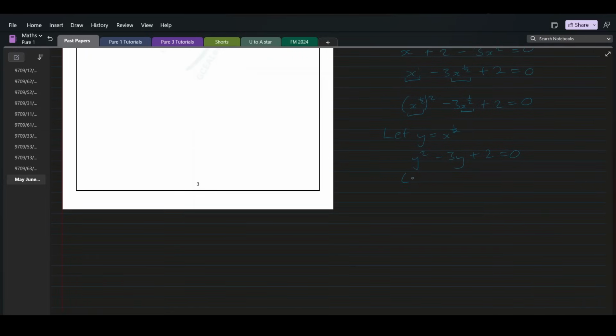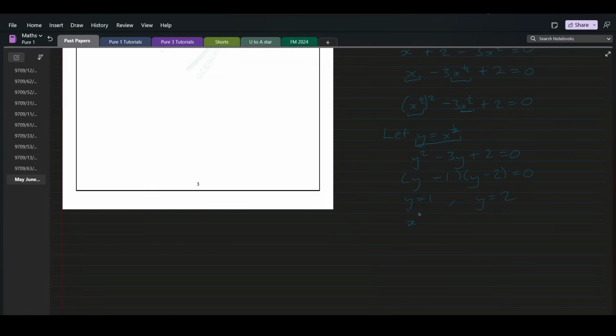And let's factorize our quadratic. We want factors of 2 that add up to negative 3. So that's negative 1 and negative 2. So this means y is equal to 1 and y is equal to 2. Now let's use our substitution to go back to x. We said y is x to the half.